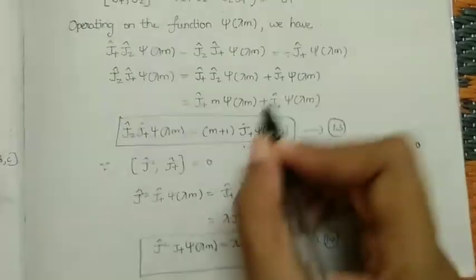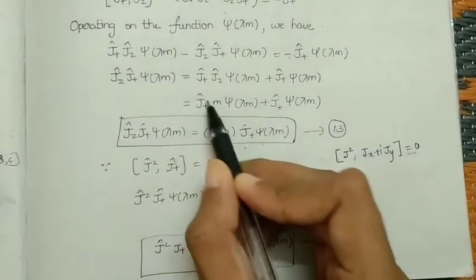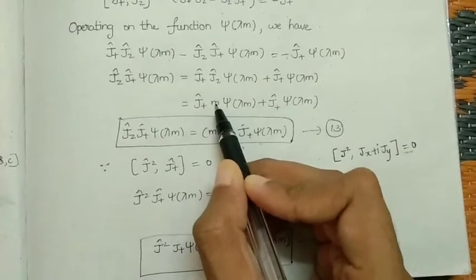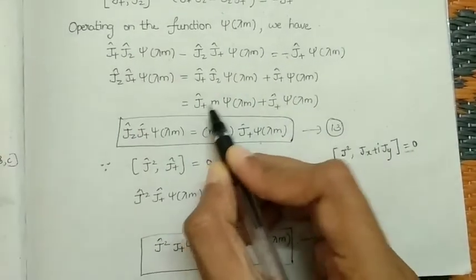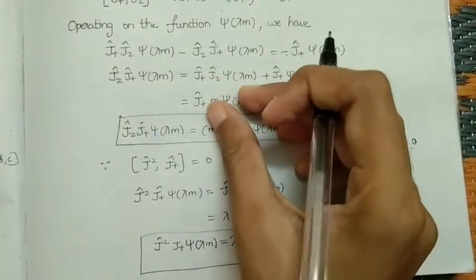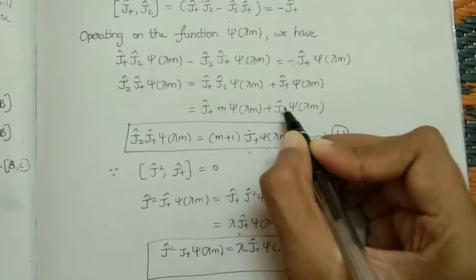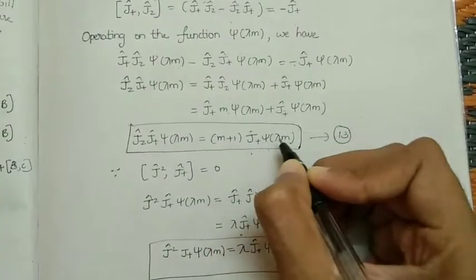Here this is a constant, could be taken out. So here also J plus xi of lambda m. If we take it as common, what would remain is m, here is 1, so m plus 1 J plus xi of lambda m.